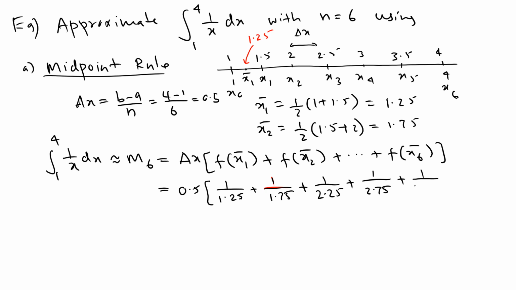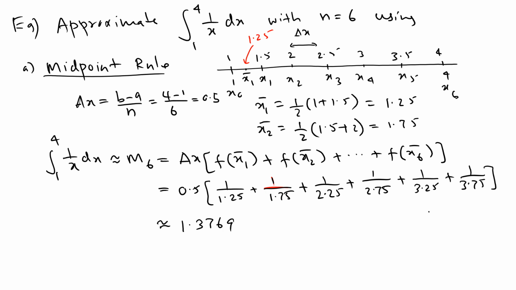So 1 over 3.25, 1 over 3.75 plus 1 over 4. Yeah, that's the last one actually. So those are the 6 midpoints, and then you can use a calculator. If you use a calculator, you can see that this is roughly equal to 1.3769 to 4 decimal places. So that's how you use the midpoint rule.